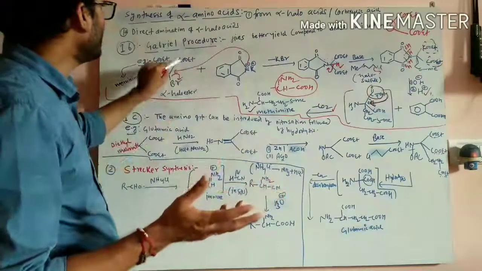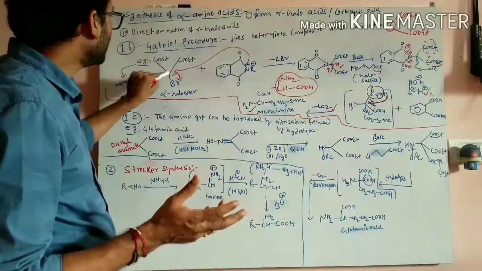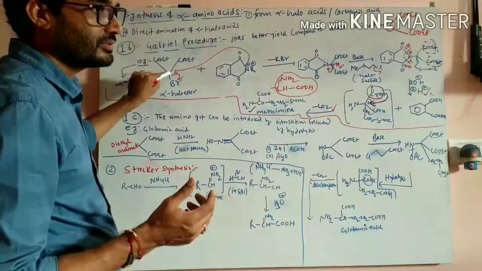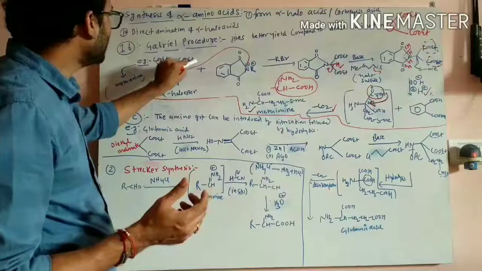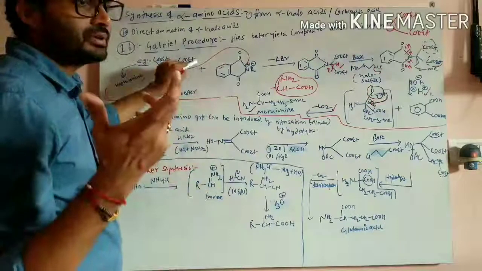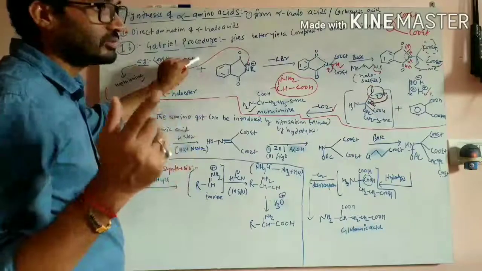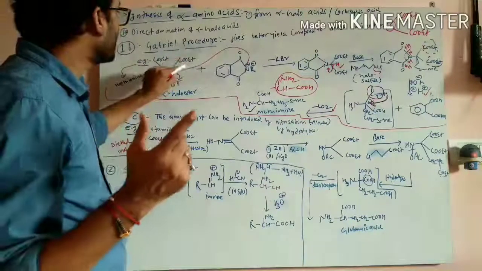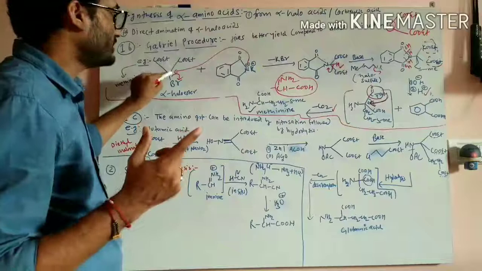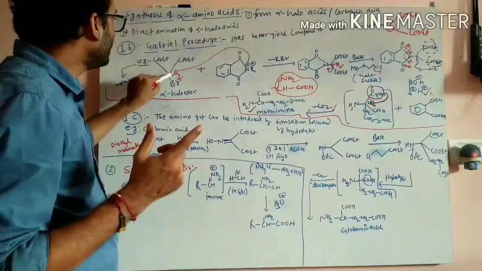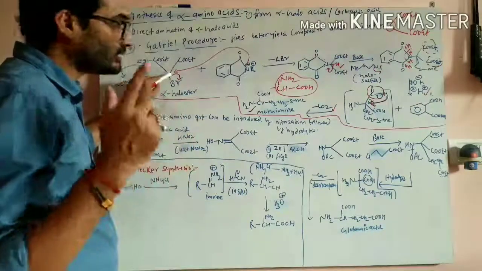We have COOH and CH group from here. So this group can give us, simply by hydrolyzing and decarboxylating it, a COOH-CH molecule. And our aim, we want an NH2 group here.